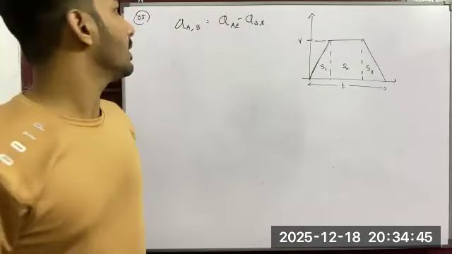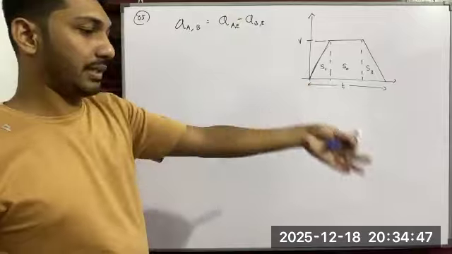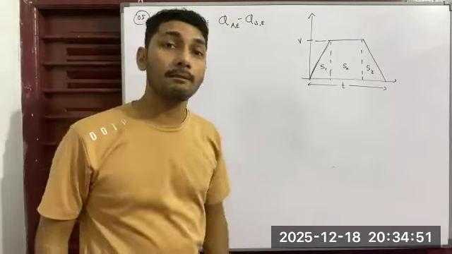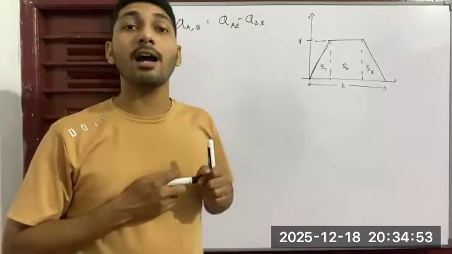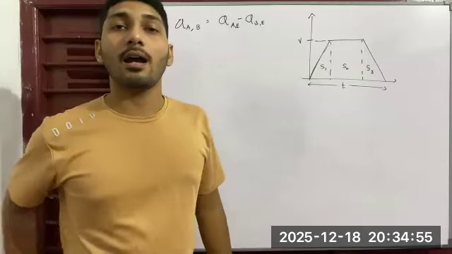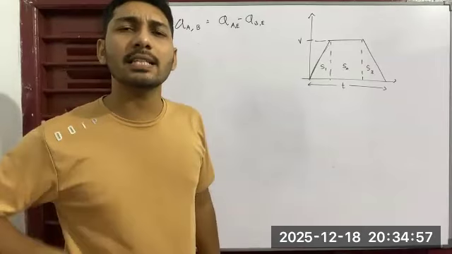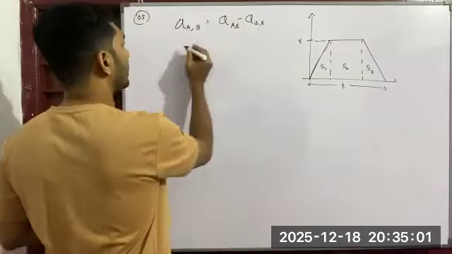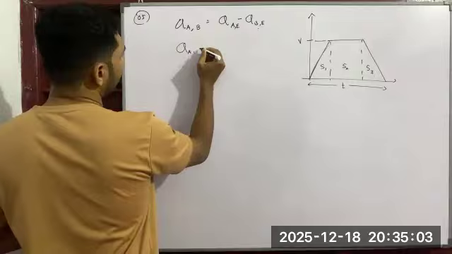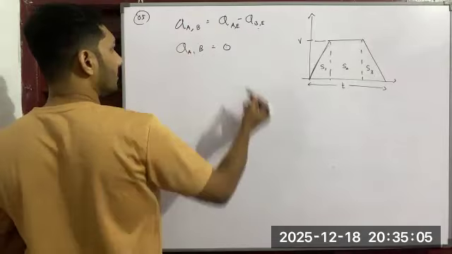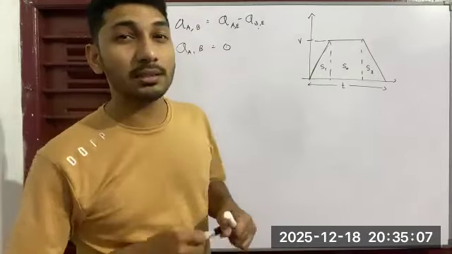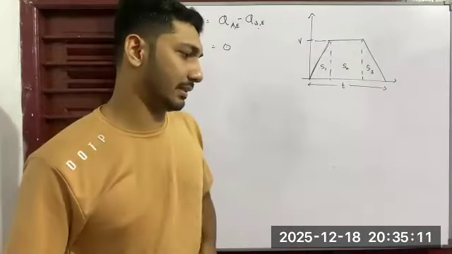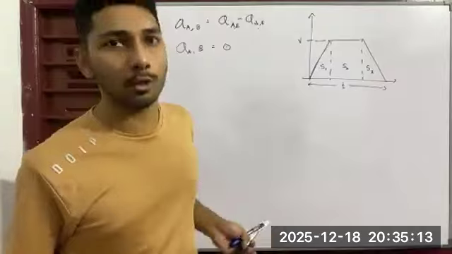Now, what do you think about the accelerations there? They're equal, no? Both are equal. So acceleration of A relative to B is 0. This relative motion doesn't have acceleration. That's the first conclusion you come to.